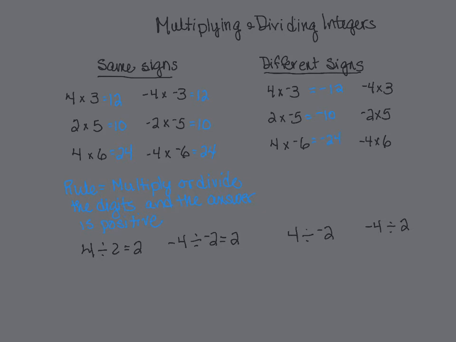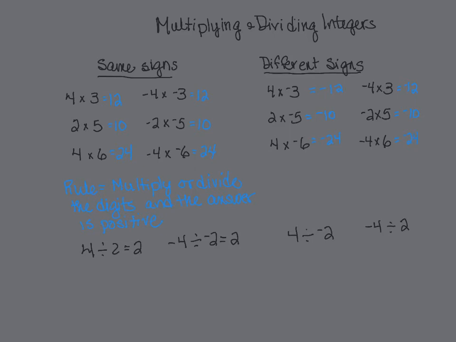Negative 4 times positive 3 is also negative 12. Negative 2 times 5 is negative 10. Negative 4 times positive 6, negative 24.